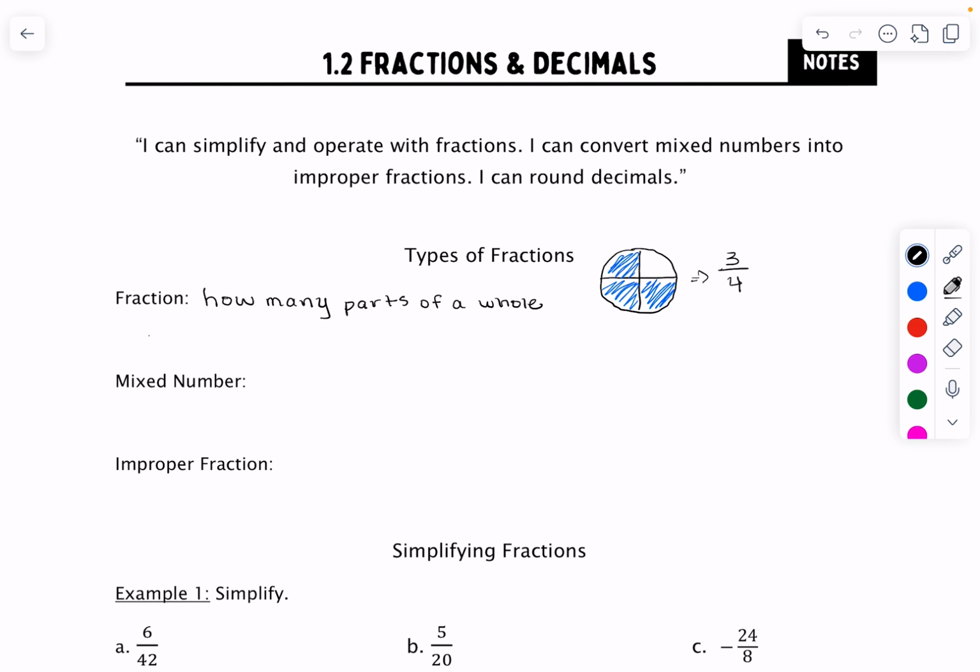So some examples of fractions, which I know that all of you know, like 1/2, 3/5, etc. Those are all considered fractions.